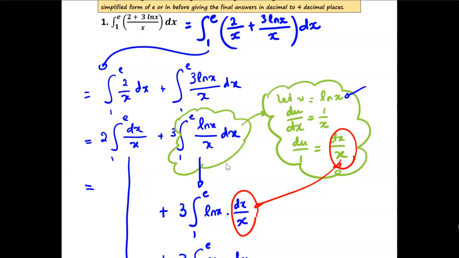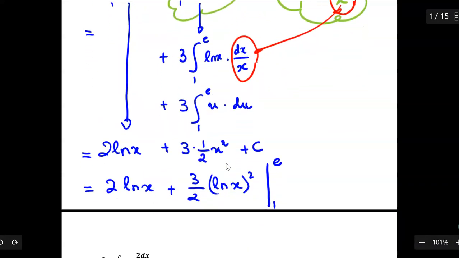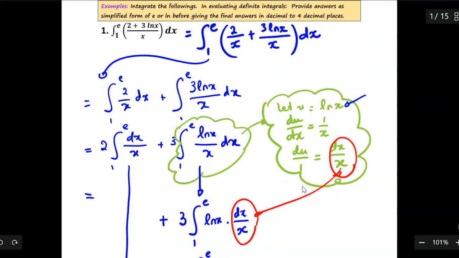So let me go over this one more time. Up to this point it's easy, right? So up to this point, all I have to do is just apply the fundamental theorem in here to figure out my result. So let me go over this again. For this question, first of all, I will break this into two fractions, 2 over x, 3 ln of x dx.